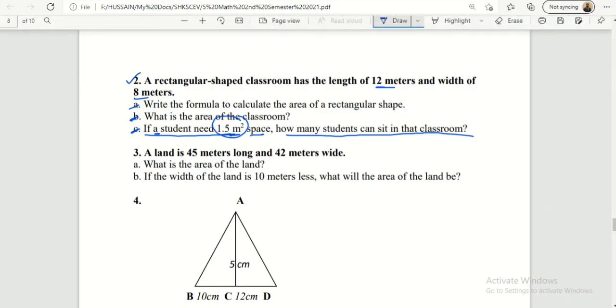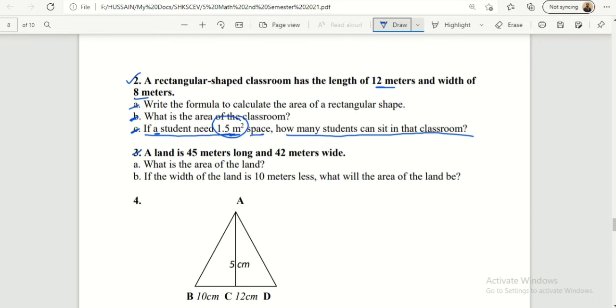Now we go to our third problem and today's last problem. A land is 45 meters long, length is 45, and 42 meters wide. What is the area of the land?